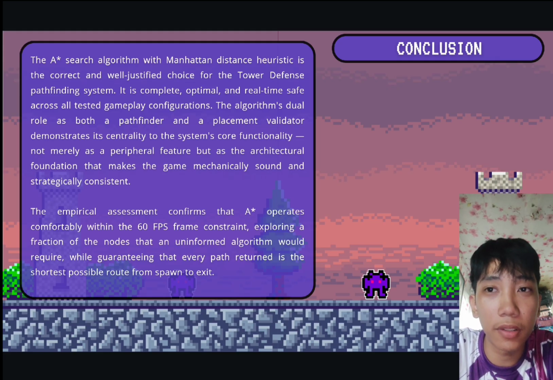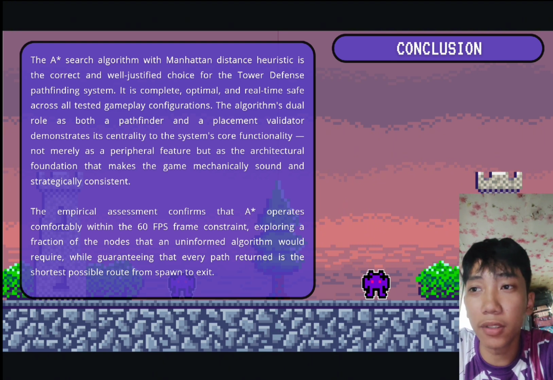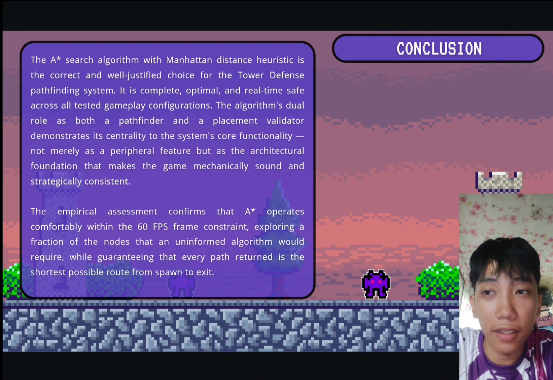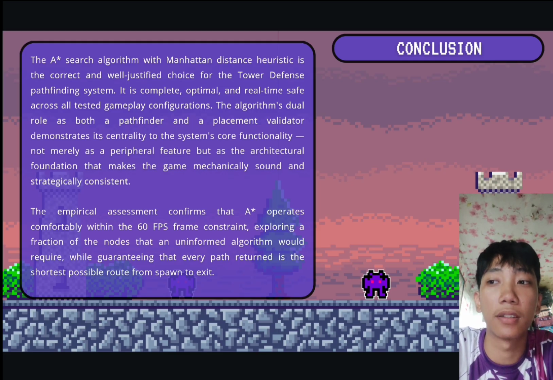The algorithm's dual role as both a pathfinder and a placement validator demonstrates its centrality to the system's core functionality, not merely as a peripheral feature, but as the architectural foundation that makes the game mechanically sound and strategically consistent.